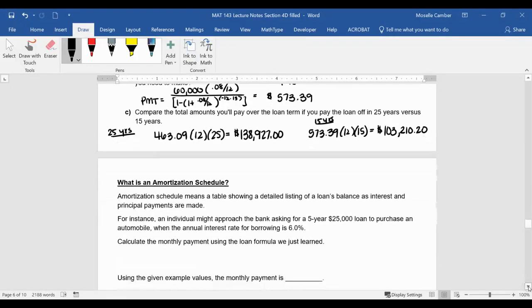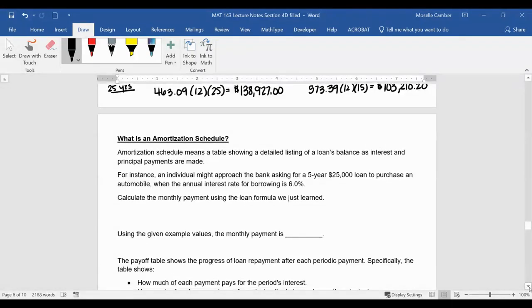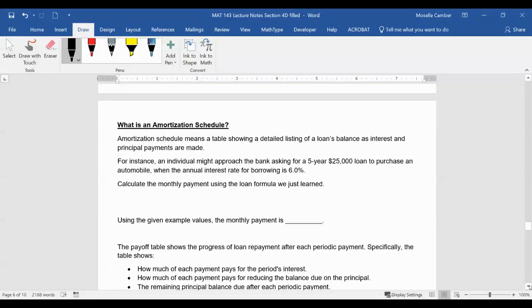Okay, amortization schedule. So this is basically just a big table that shows you each month's payment, its breakdown, and so it's just like all the information you need to know for your loan. So let's say we're looking at a bank, we're looking at getting a loan.